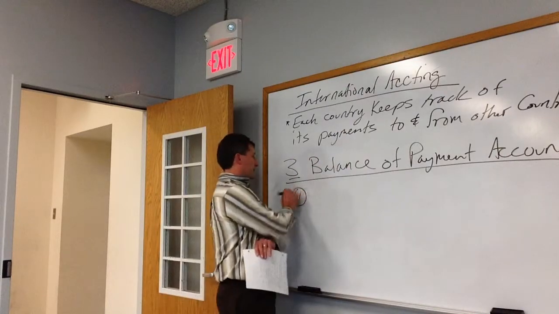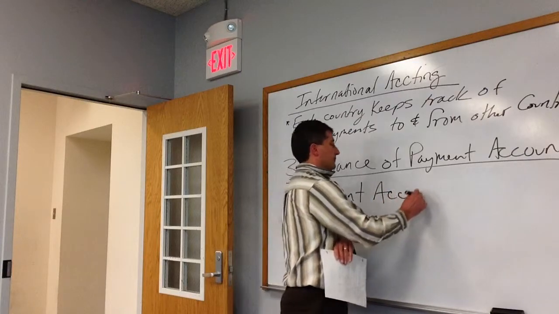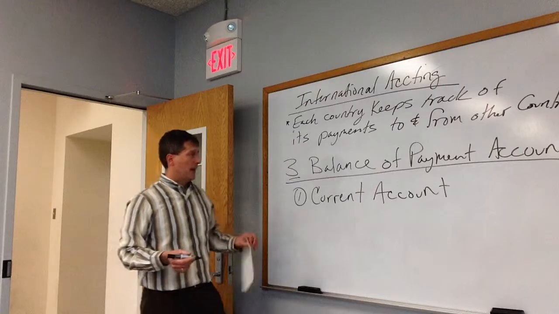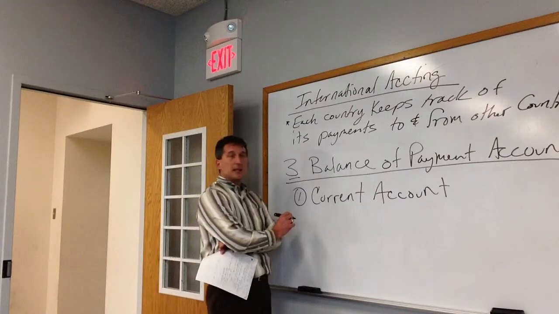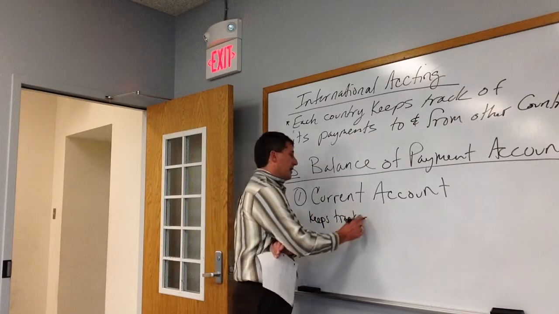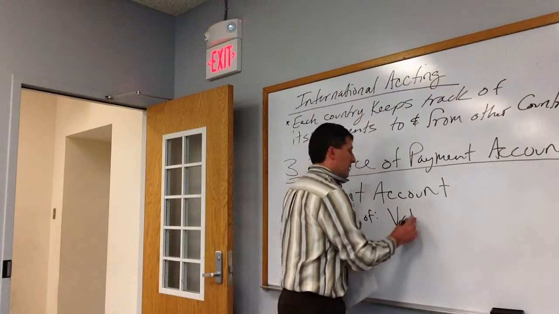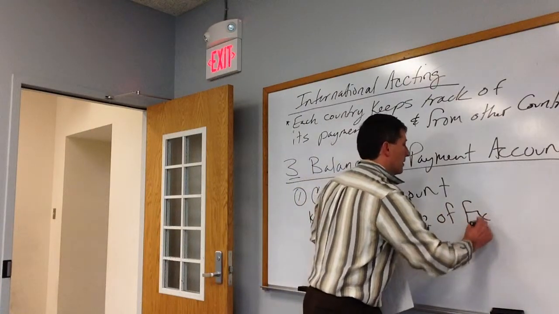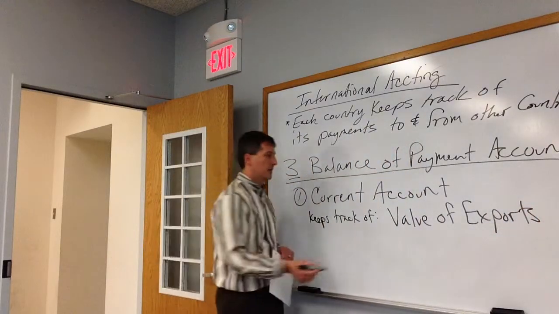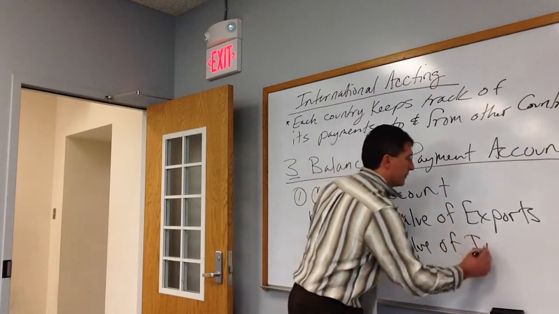The first one we've talked about, called the current account. And what the current account keeps track of is the value of exports minus the value of imports.